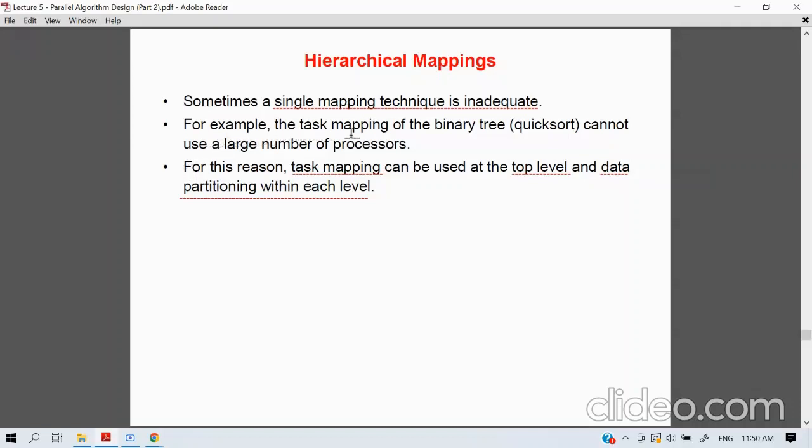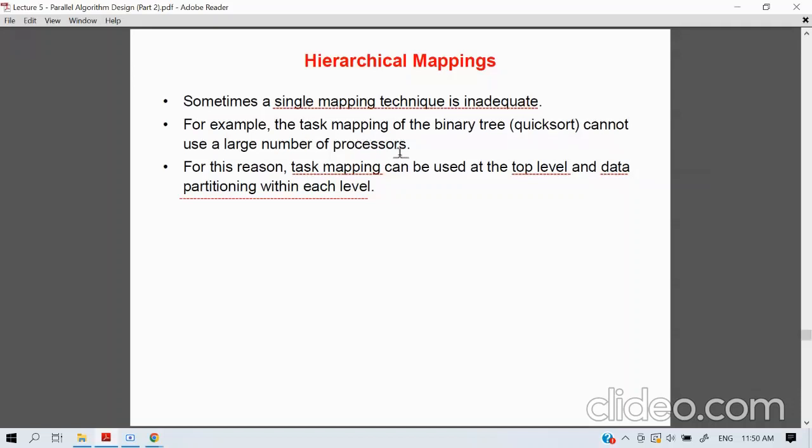For example, task mapping of the binary tree quicksort cannot use a large number of processes. Why are we unable to implement a single mapping technique? Because this kind of problem uses a large number of data or processors. So we need to combine more than one mapping technique.